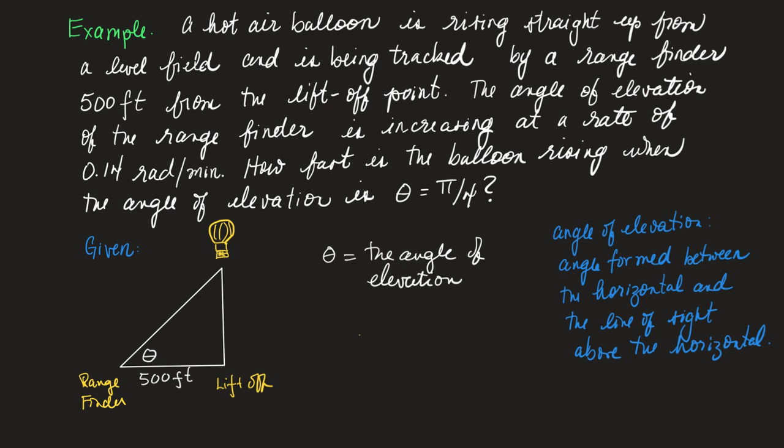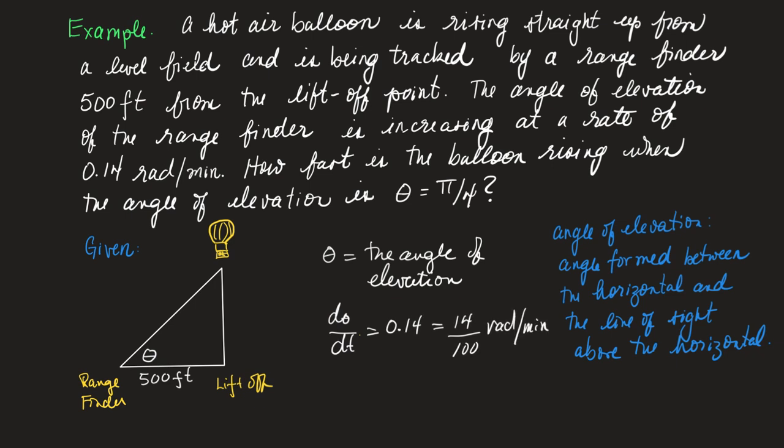And now we're also given in this problem that the angle of elevation is increasing at a rate of 0.14 radians per minute. So d theta by dt is 0.14, or we might want to work with the fractional form later, and that's radians per minute.